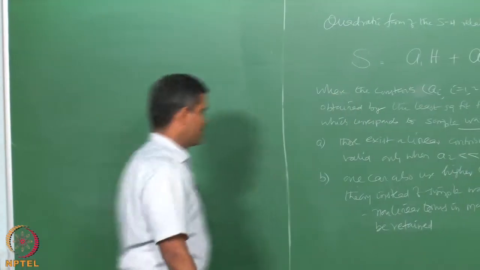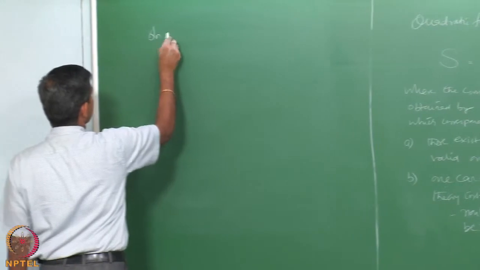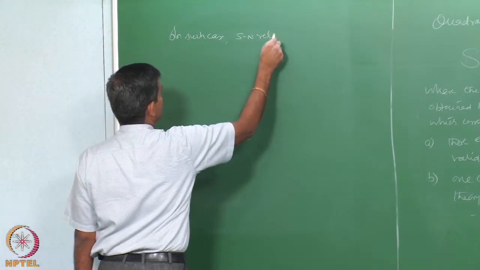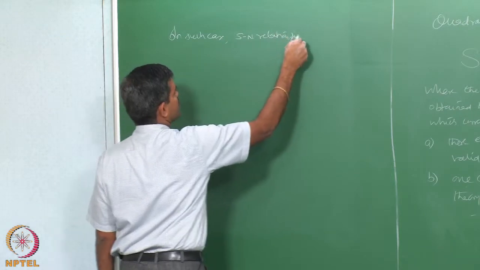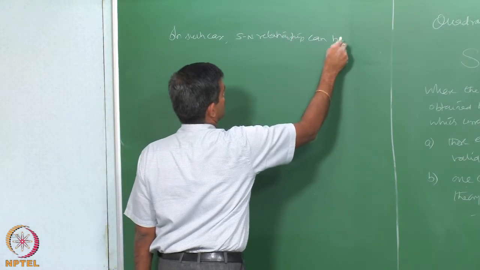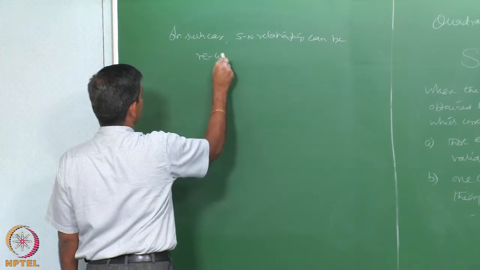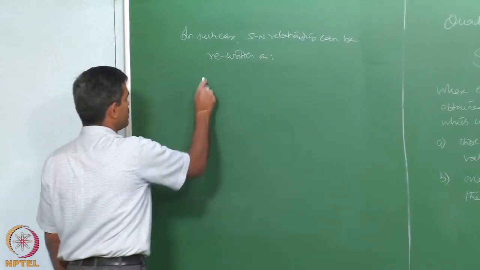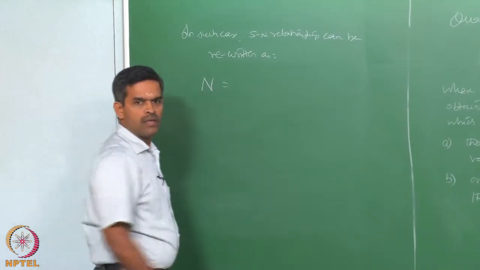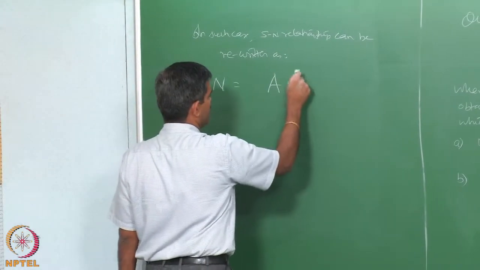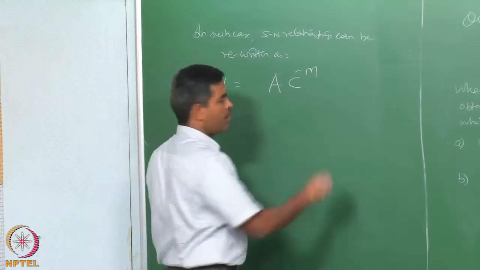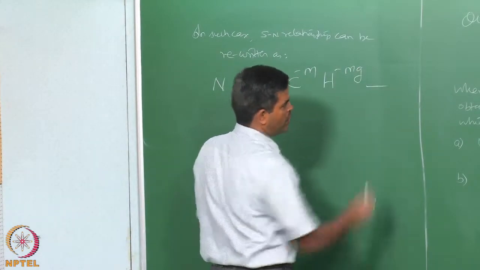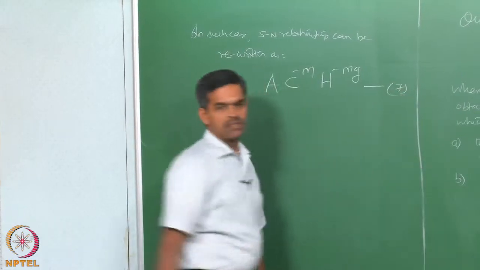In such a case, the SN relationship can be rewritten as N is equal to A C to the power minus m H to the power minus mg, which I call equation number 7.